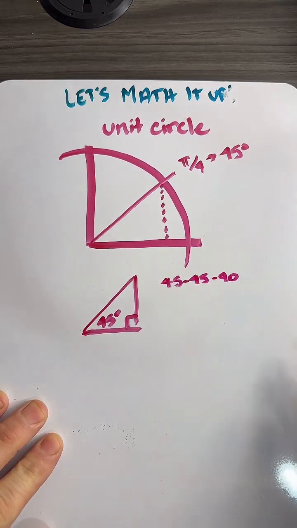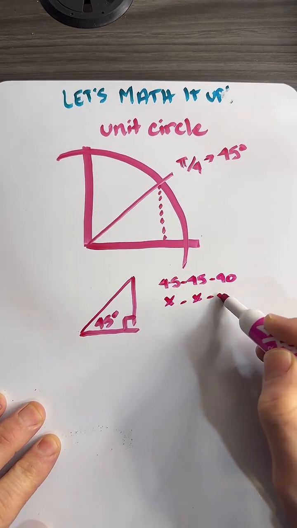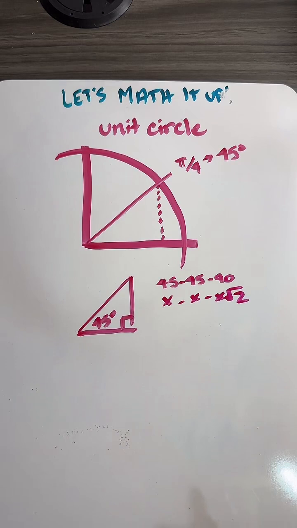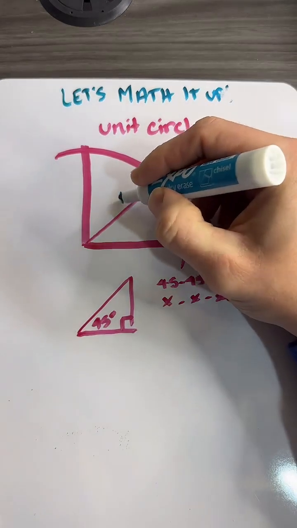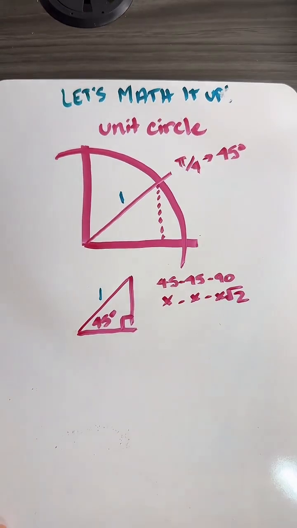Why is that special? Because we've got x, x, x root 2 in terms of the ratio of the sides. So what's the one measurement we know on this unit circle? We don't know the x, we don't know the y, but we do know that the radius is 1. So our hypotenuse is going to be 1 here.